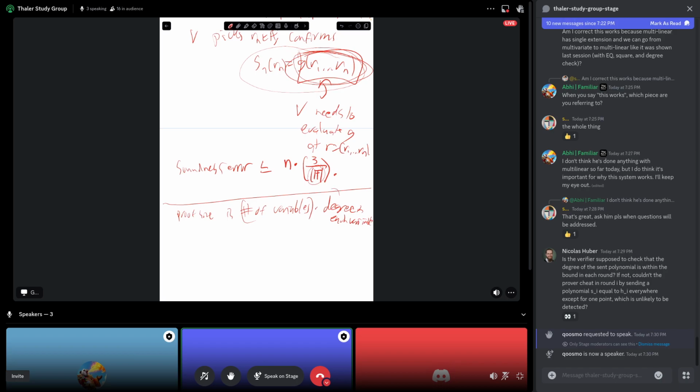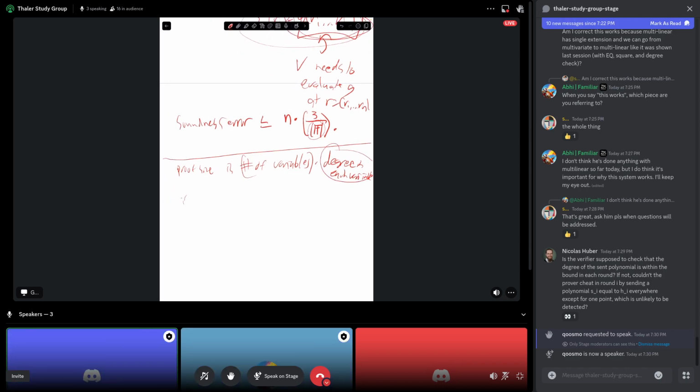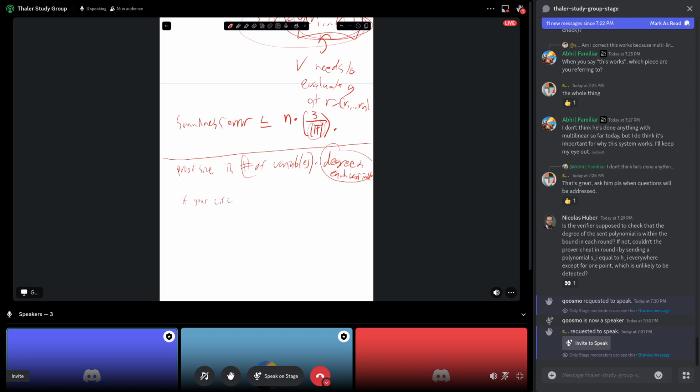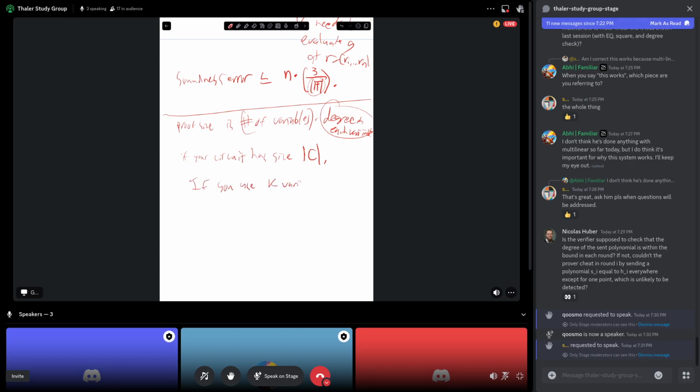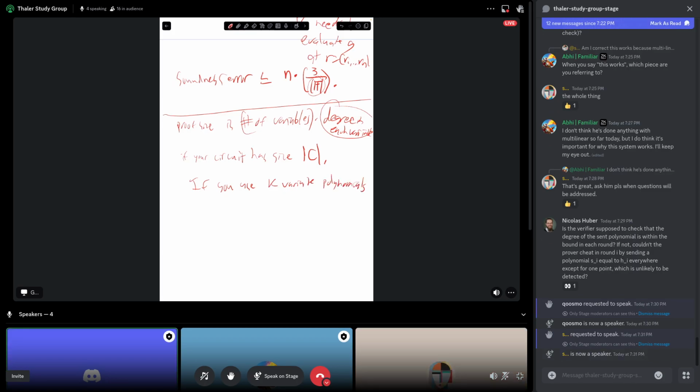Roughly, if your circuit has size C, and you use k-variate polynomials, so we need polynomials capturing the circuit to apply sum check to in order to use the sum check protocol to prove something about the circuit.